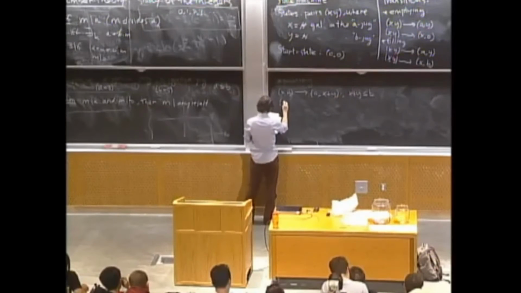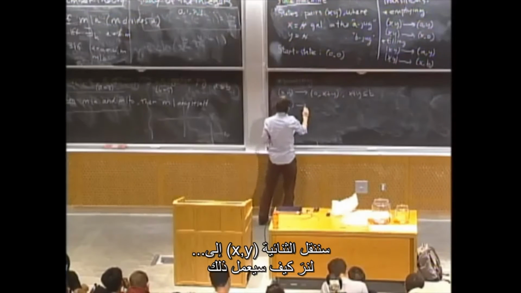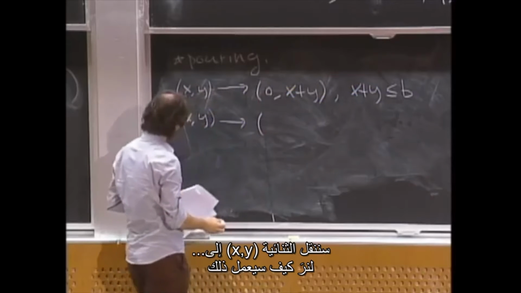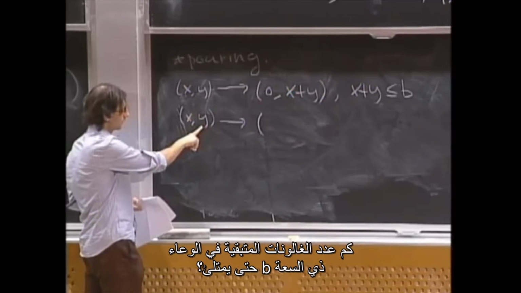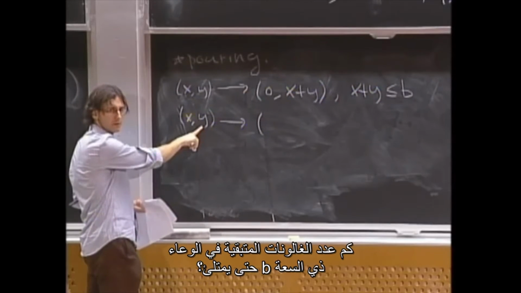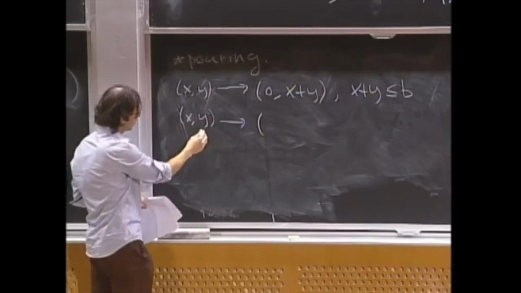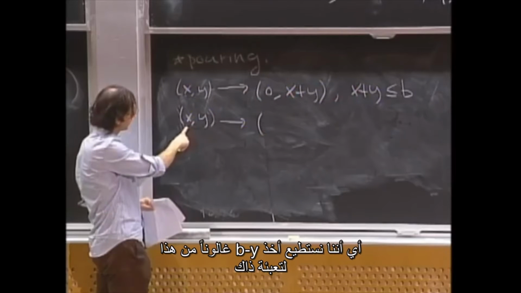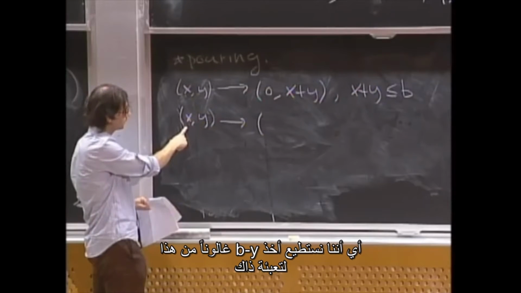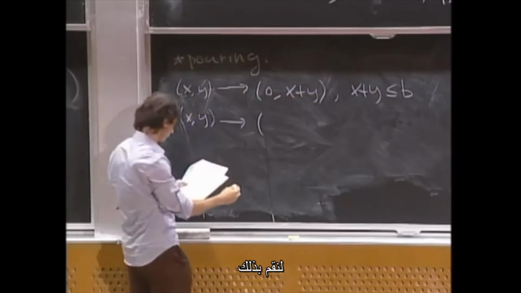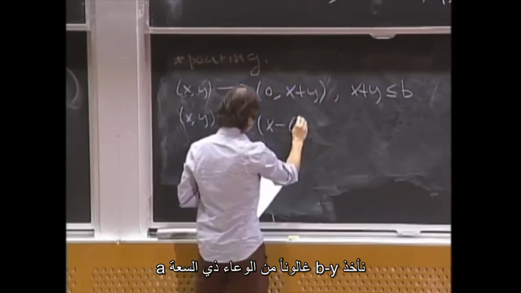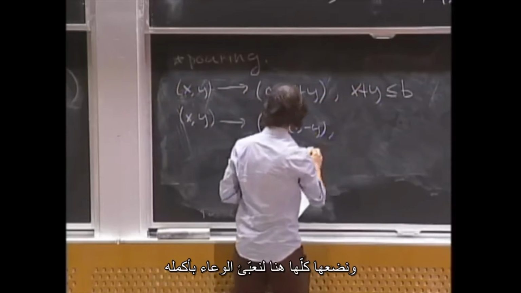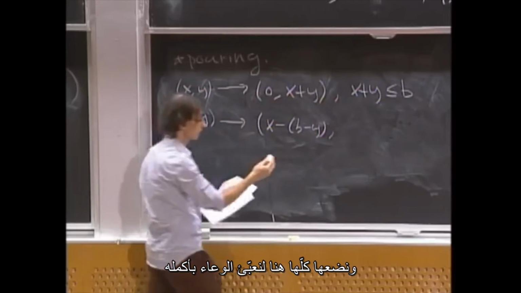So x, y will actually go to, well, let's just see how that works. How many gallons are left in this b-gallon jug to fill up? Well, we have b minus y gallons left, right? Space left. So we can take b minus y gallons out of this one to fill up this one. So we take b minus y gallons out of the A jug and put it all in here, and that makes it completely filled up.